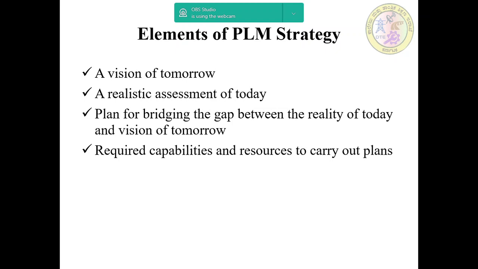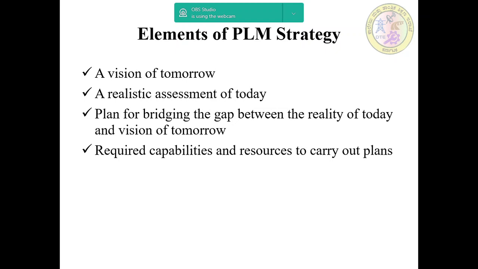And then we'll go for the next element, that is realistic assessment of today. In order to plan a vision for tomorrow, there needs to be a realistic assessment of today.